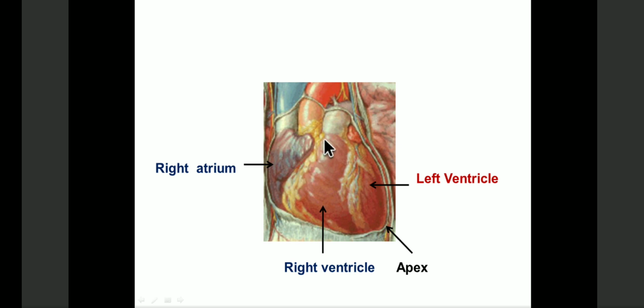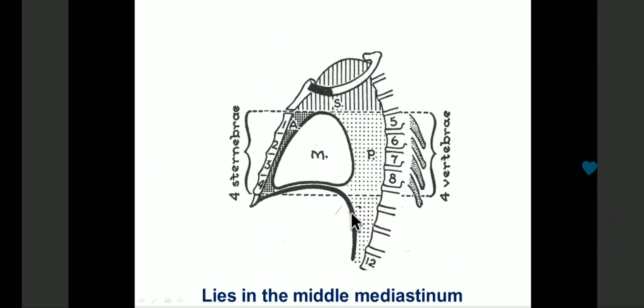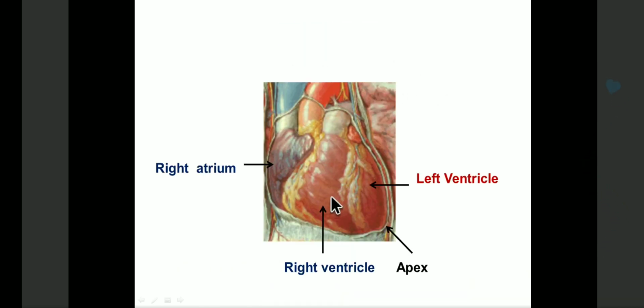Then we can identify a small groove between the right ventricle and atrium, that is the coronary sulcus or the atrioventricular groove. Then we go further towards the left. Again, we can identify a groove in this region, which is the interventricular groove, which is separating the two ventricles, that is the right ventricle from the left ventricle.